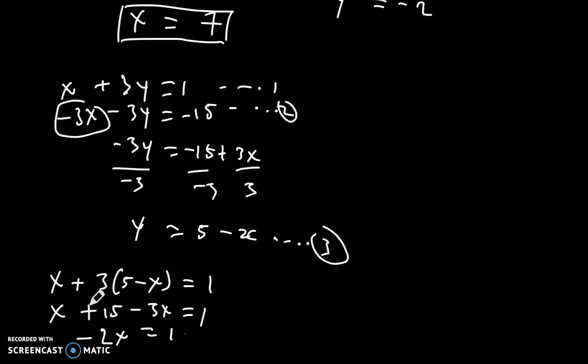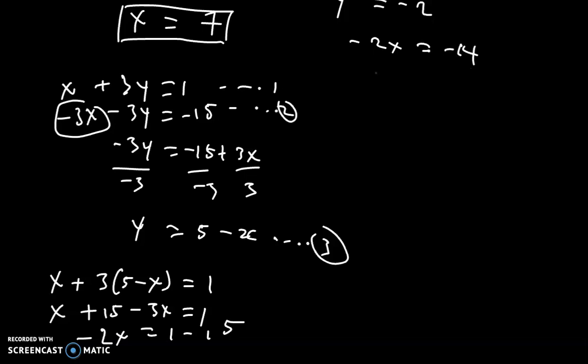Take this 15 to the other side, it is minus 15. So we have negative 2x is nothing but negative 14.